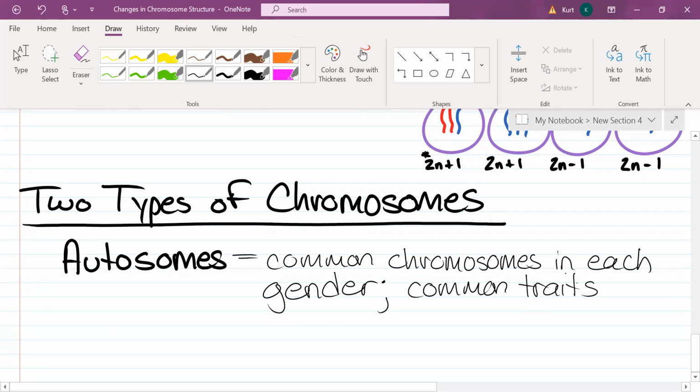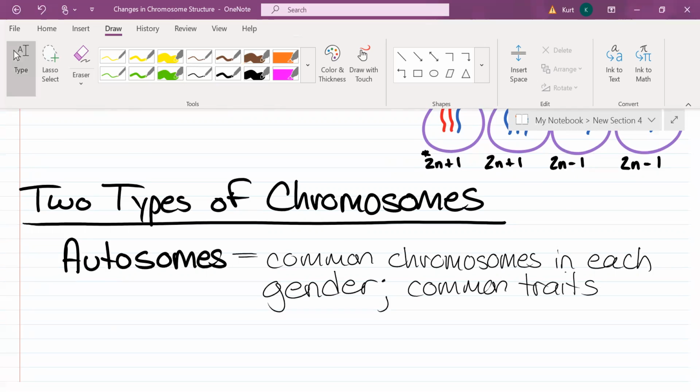And they form common traits. We don't say, Ryan, you have 10 fingers. You must be a boy. That's not how it goes. That is not a gender exclusive trait. I don't say, Risa, you have 206 bones. You must be a girl. Boys have 206 bones too. So autosomes are what we all have in common.